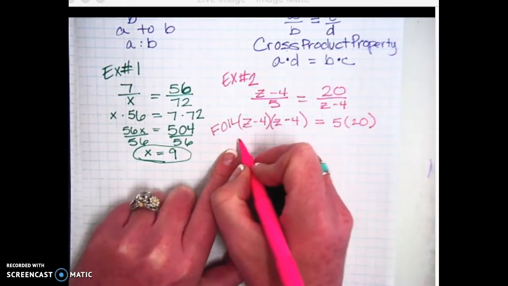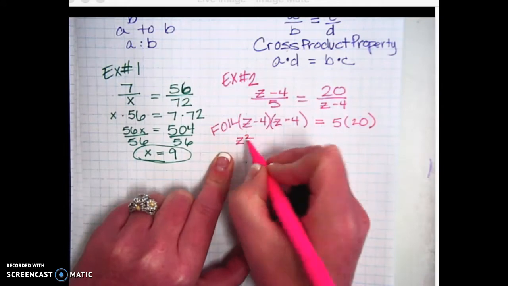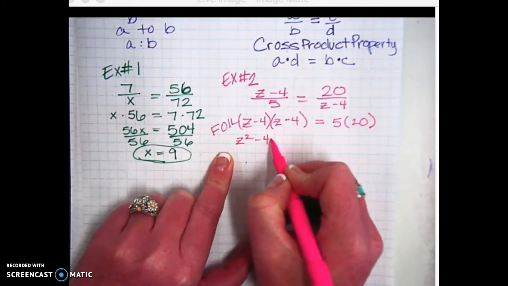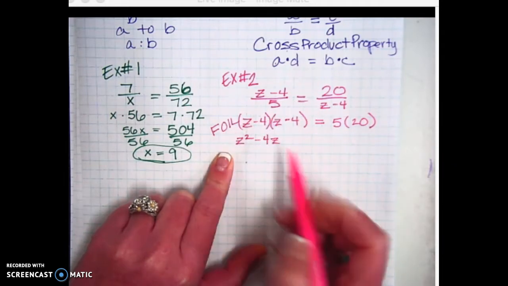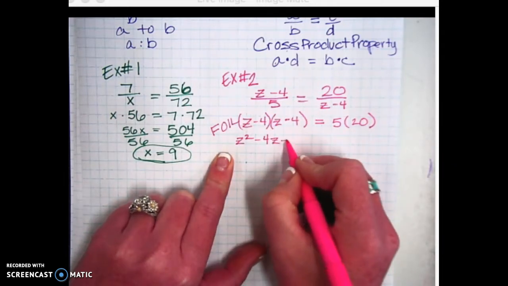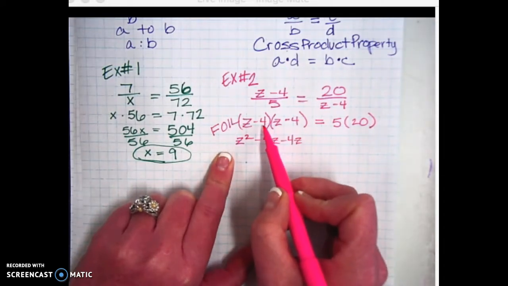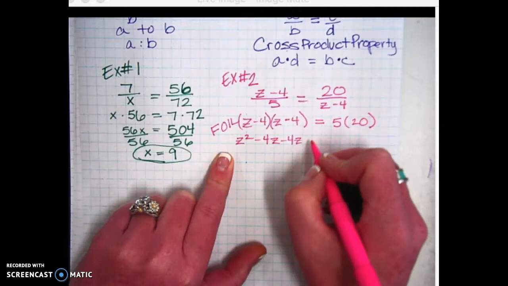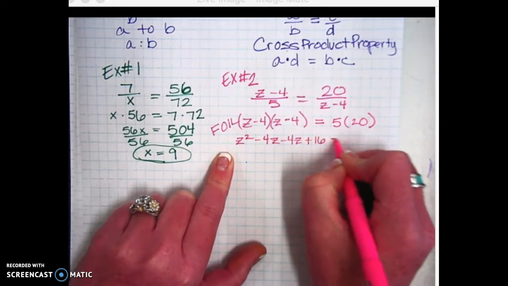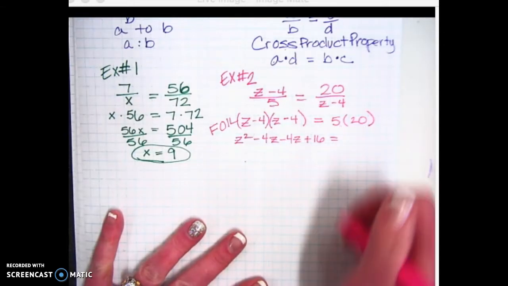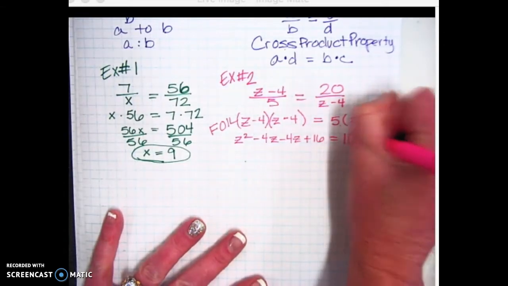Okay, so we're going to go first. Z times Z is Z squared. O is outside. So Z times negative 4, which is negative 4Z. I is for inside, another negative 4Z. L is for last, so negative 4 times negative 4, which is positive 16, is equal to 5 times 20. That one I can do in my head is 100.